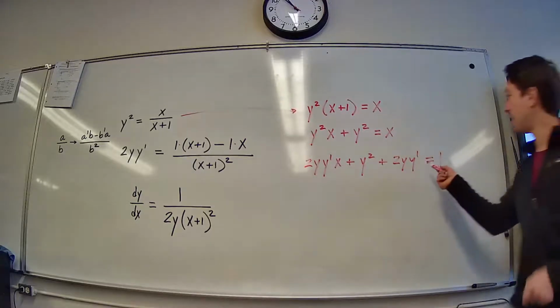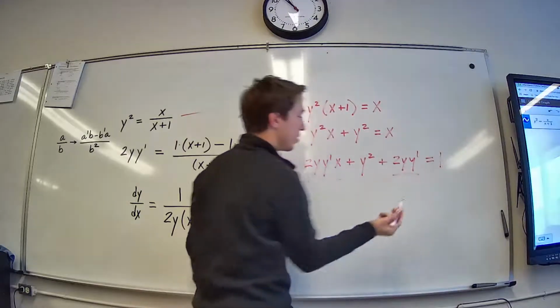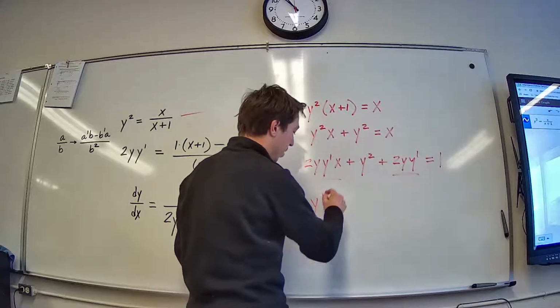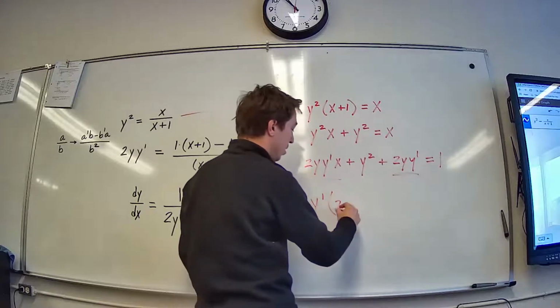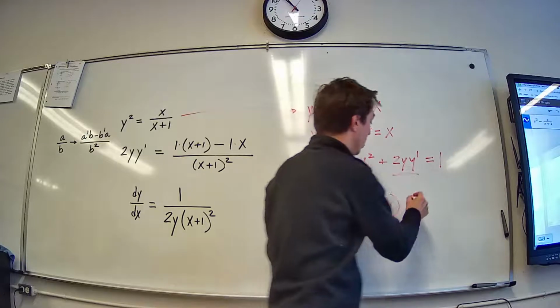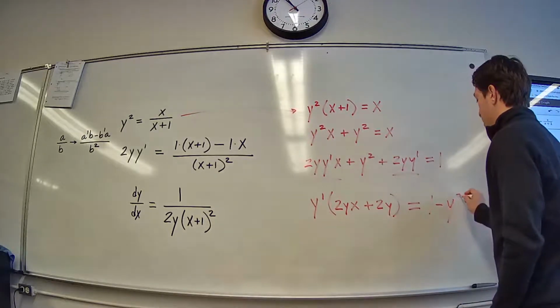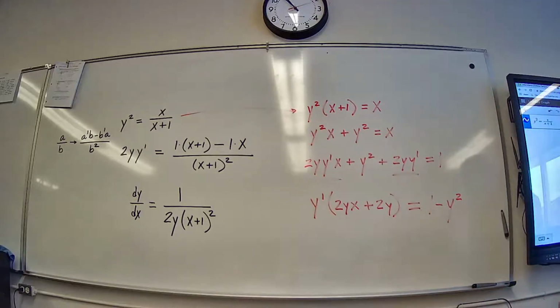It seems right. And then factor out a y prime from this pair, this dude, and this dude. So y prime times the quantity 2yx plus 2y, and then the right side is going to be 1 minus y squared. Does that seem right? Yep.